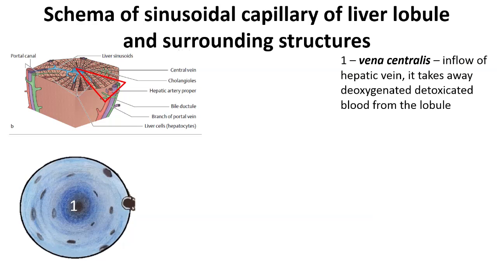We can explain that vena centralis is an inflow of the hepatic vein, and it takes away deoxygenated and detoxicated blood from the lobule.